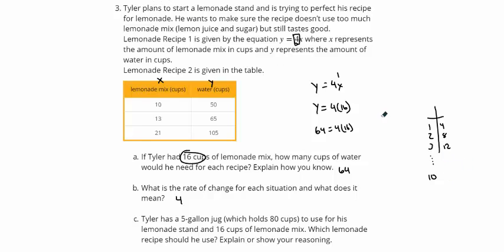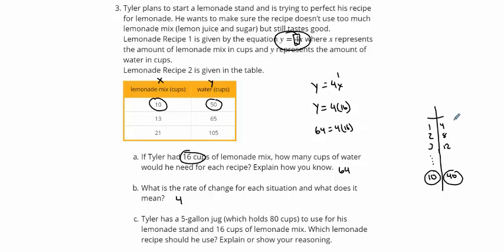It's going to be 40 cups of water, right? So we can see that with 10 cups of mix here, I have 50 cups of water. 10 cups of mix here, 40 cups of water. Which one's going to be stronger?